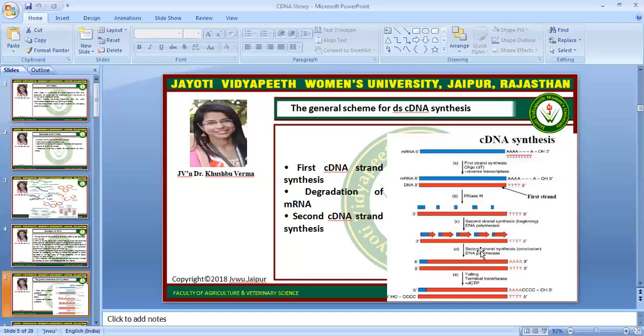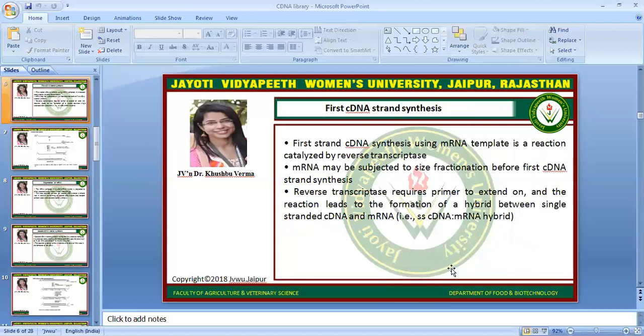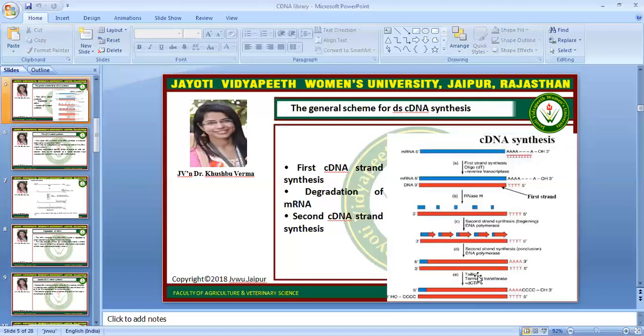Now second strand cDNA synthesis finally occurs, and it will have a poly A tail region, and after the completion of tailing with terminal transferase and dCTP, we can get this complete double-stranded cDNA.